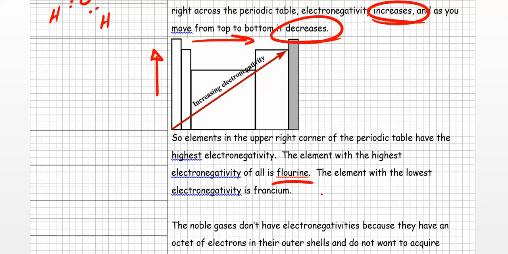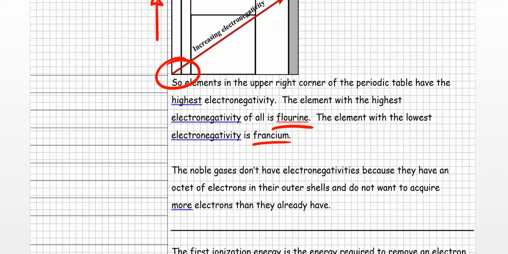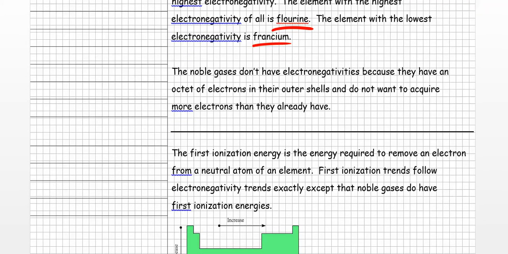So fluorine has the greatest tendency to pull electrons towards it, right? Now, the element with the lowest electronegativity, as it turns out, is francium. That's in this lower left-hand corner of the periodic table. So there you have it. Electronegativity increases as you move from bottom to top, left to right. So that's the trend for electronegativity.